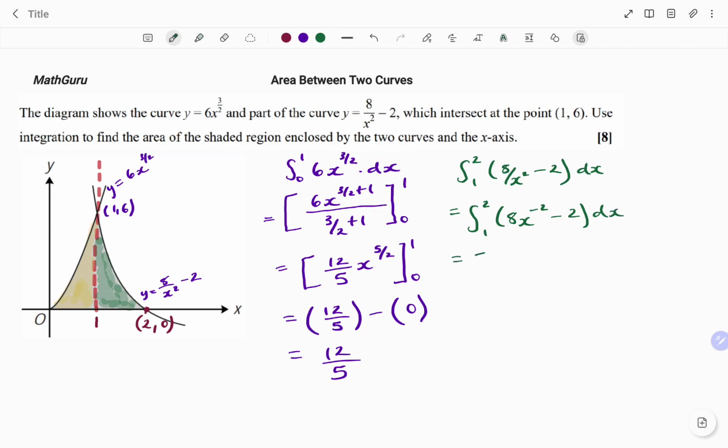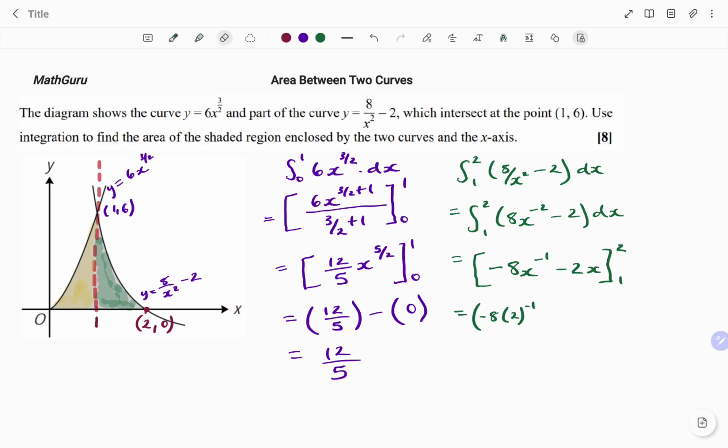So if I integrate what I have in the bracket, that will be minus 8 x to the power of negative 1, then I have minus 2x, from 1 to 2. That's equal to, I'll start with the 2: minus 8 times 2 to the power of negative 1.